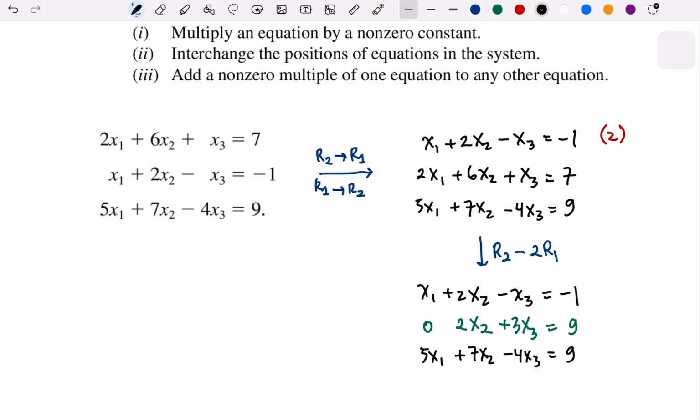And then I would like you to follow up the third one with the same process with the previous one. So 5x1 plus 7x2 minus 4x3. All this will be minus the first equation multiplied by 5. So let's multiply by 5.